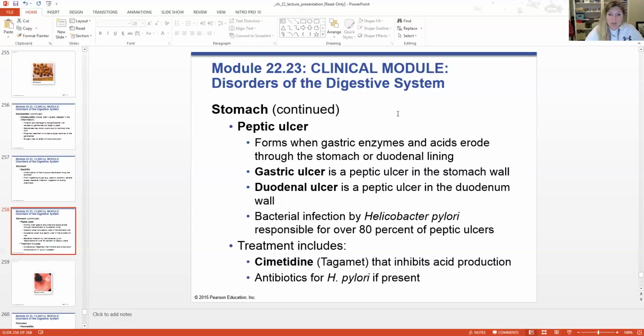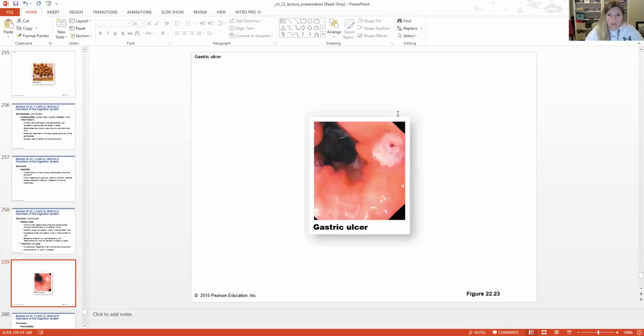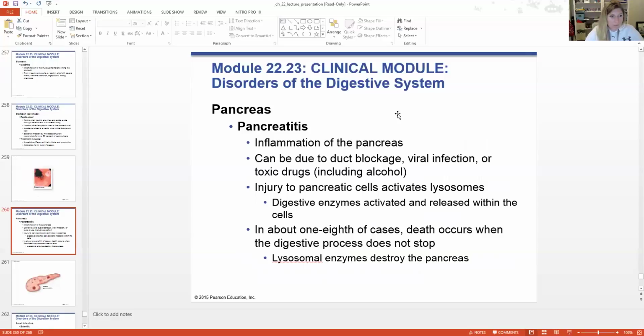The treatment includes Tagamet, a drug that inhibits acid production, or antibiotics in the instance of H. pylori infections. So there's a gastric ulcer. It's literally like a sore on the lining of the stomach, and you can imagine it'd be very sensitive and painful.